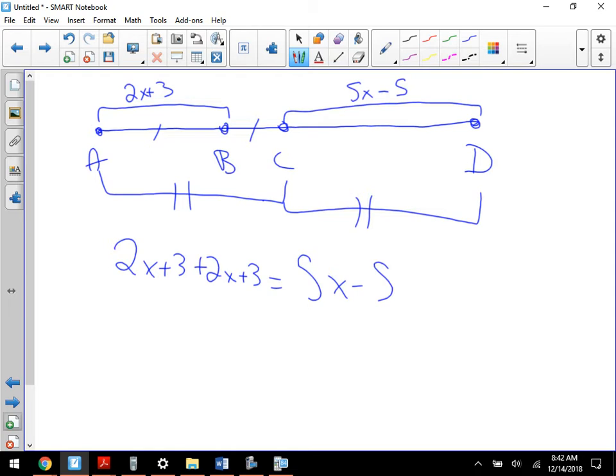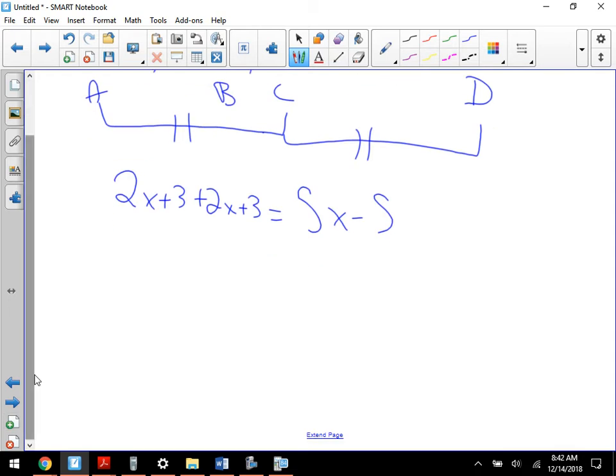That's how that one's going to work. By following the directions via the diagram, you can only do that. Combine your like terms. Move stuff around. You get x is 11.